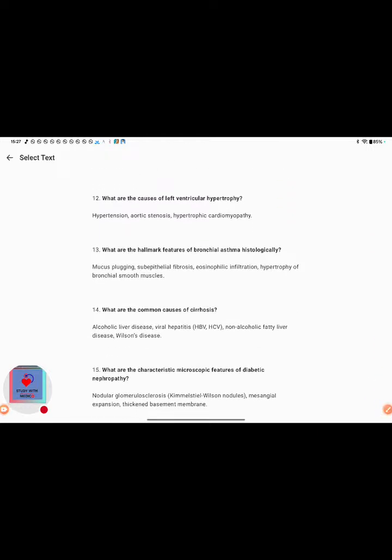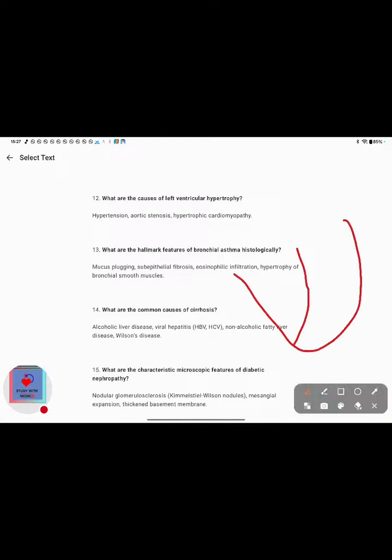What are the causes of left ventricular hypertrophy? So this is your heart, and this is the left ventricle, which is very thickened. Why is it becoming very thick? Because of hypertension, the arteries have become very stiff, so it has to pump with more force.